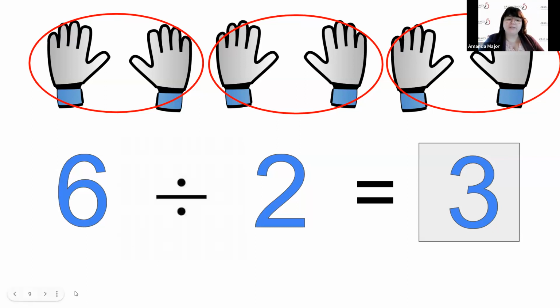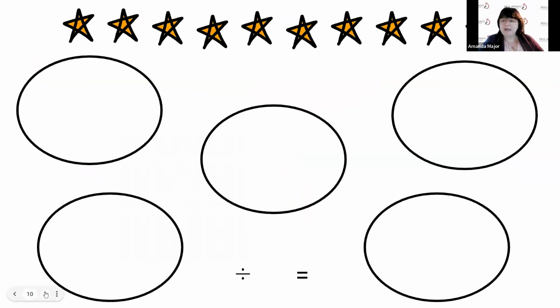So we are going to do another problem. This time I have 10 stars that I would like to divide into 5 equal groups. To set up my division problem, I will write 10 first because 10 is my dividend.